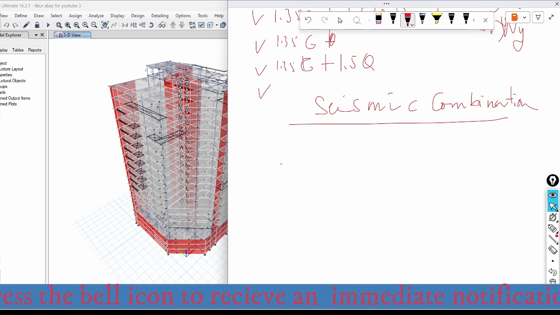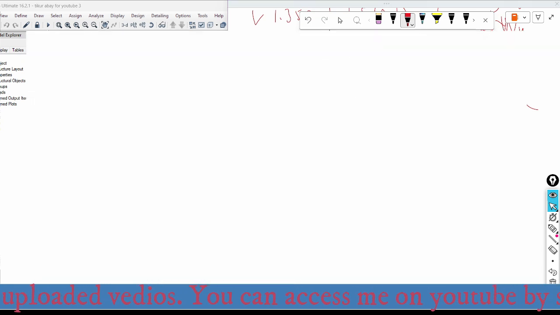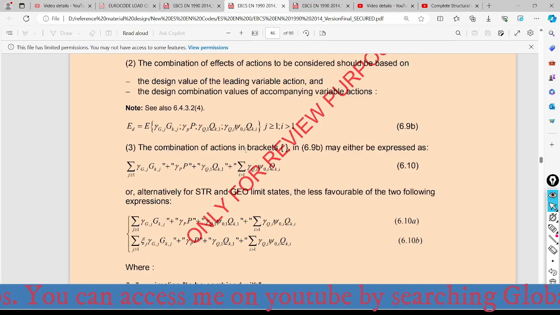In the case of seismic combination, our code recommends us to use this. This is the basic combination. So even we can use this combination, but mostly the governing one is 6.1 for non-seismic condition. So this is the governing one.